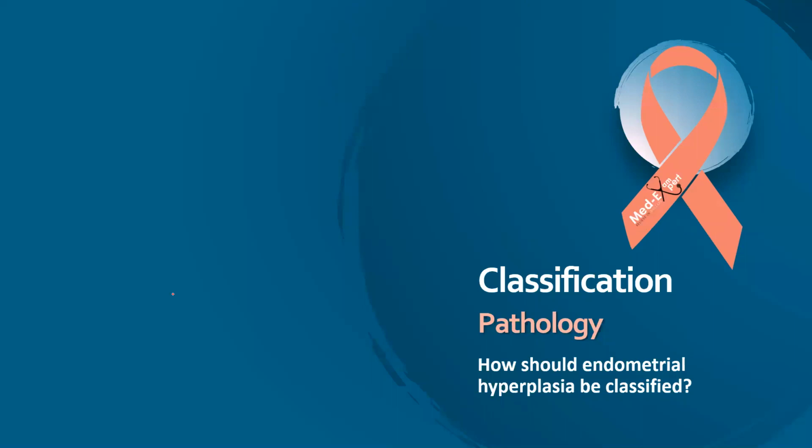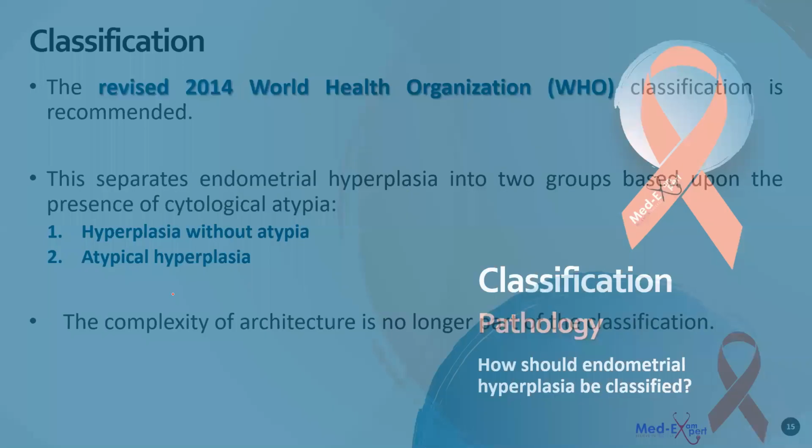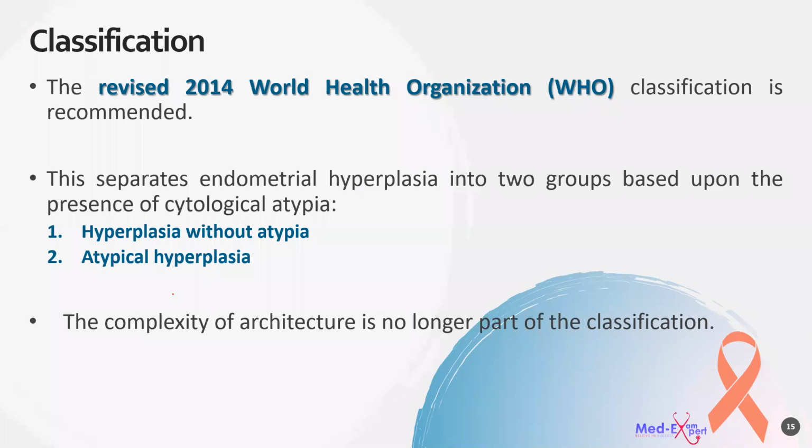Now let's talk about the classification and the pathological types of endometrial hyperplasia. Of course, there are many classifications which have developed before, but according to the Green Top guidelines, the revised 2014 WHO classification is recommended and adopted by the British guidelines.